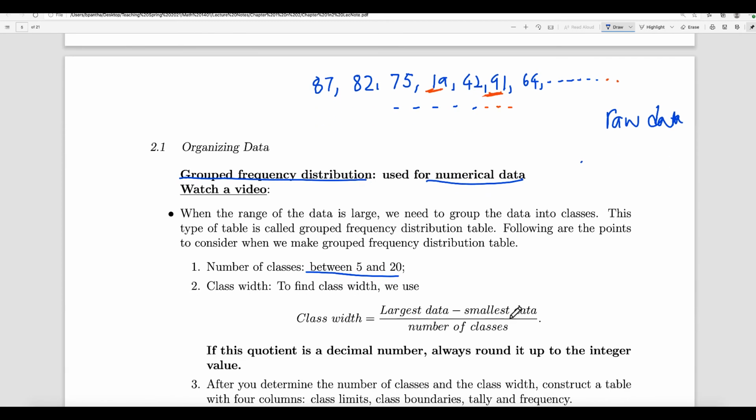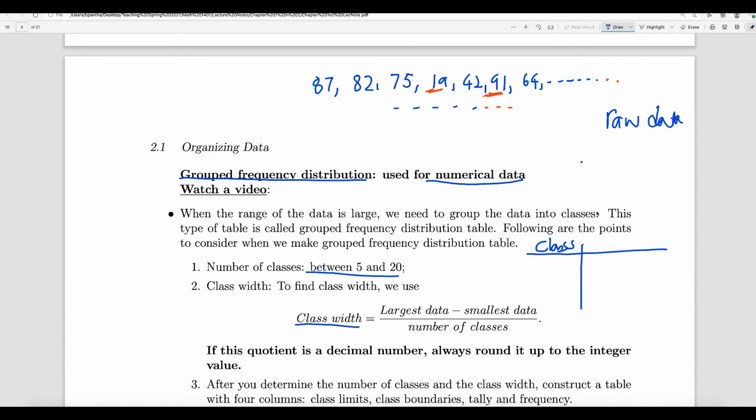Now what should be the class width? The class width is calculated by this formula: largest data minus smallest data, over the number of classes. Let us see this on the example. Suppose I want to make 5 classes. The first column will be class, the second column will be class limits, and then class boundary, and then frequency.